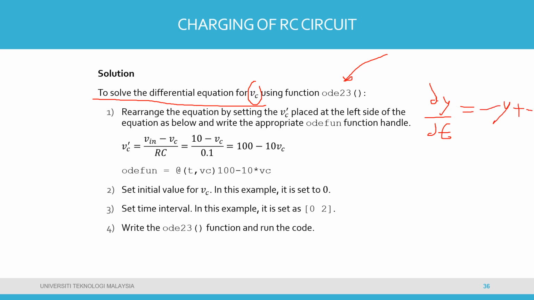So you have to remove the first-order derivative on the left-hand side. The first thing you have to do is rearrange the equation, like I said before, putting dVC/dt on the left side of the equation for the appropriate ODE function handle.